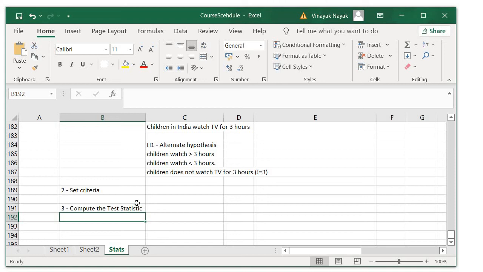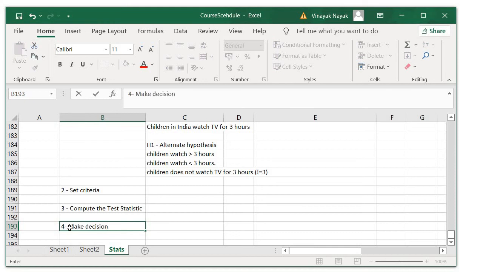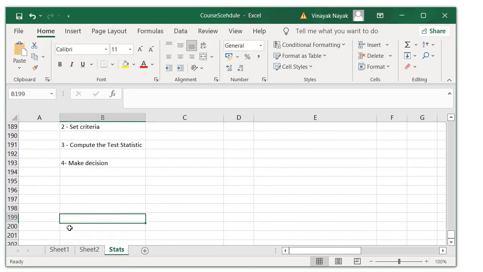The value of the test statistic is used to make a decision regarding the null hypothesis. So now the fourth step would be to make a decision. This is our final step.